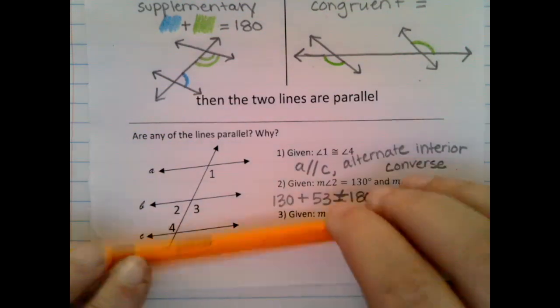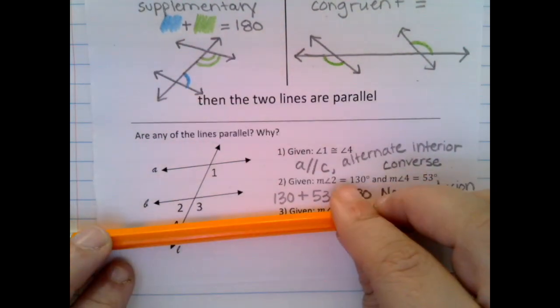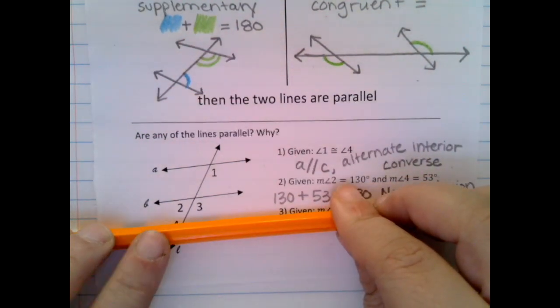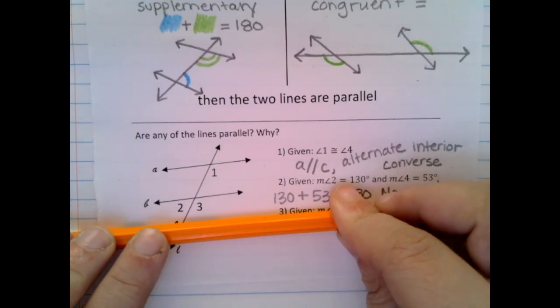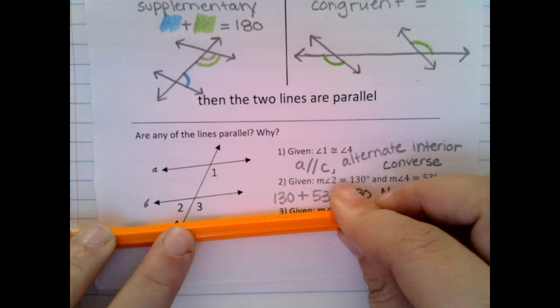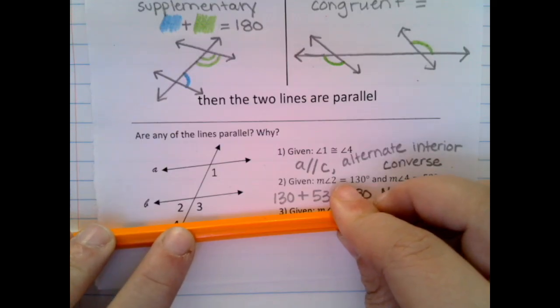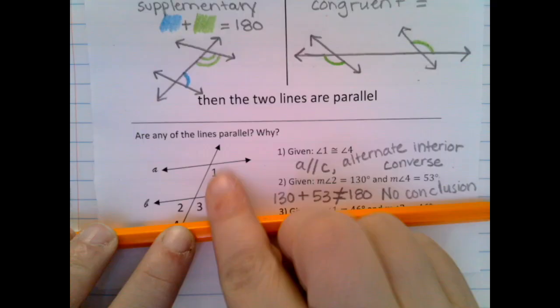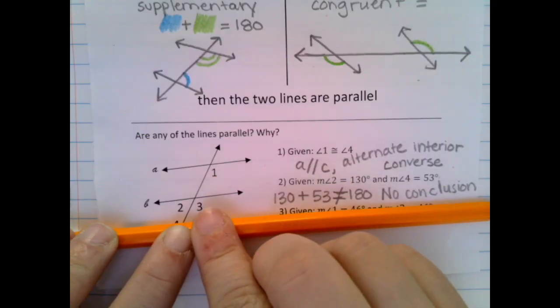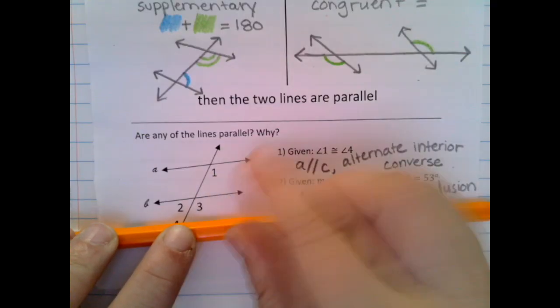A and B. So when I look at A and B with 1 and 3, are those inside, outside, or matching? Yeah, they're matching. 1 is inside. What about 3? Yeah, 3 is outside of A and B.